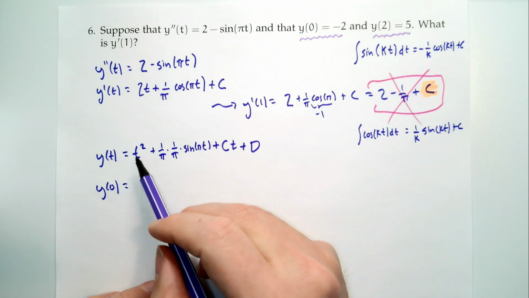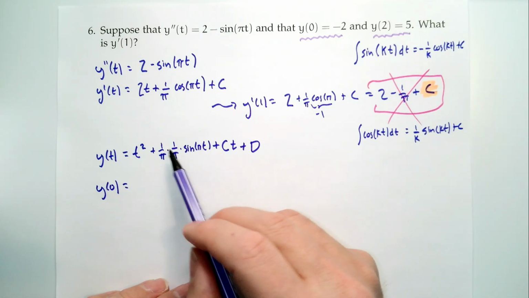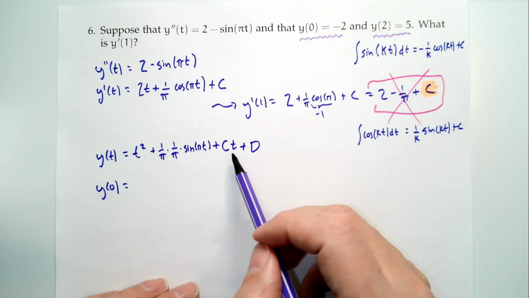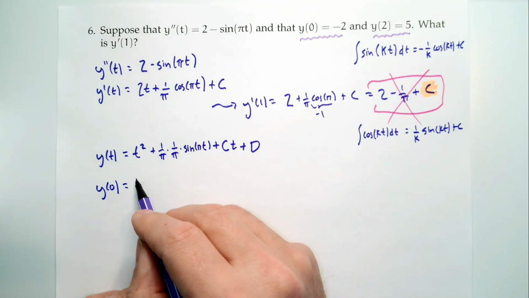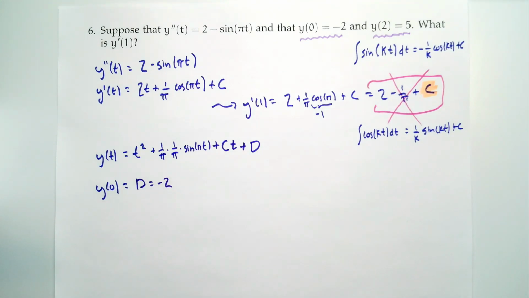Well, we're going to get 0 squared, that's 0. A bunch of 1 over pi's times sine of 0, that's 0. We're going to get c times 0, which is 0, and then we're going to get d. So y of 0 is d, but we know that d is negative 2, because y of 0 equals negative 2.